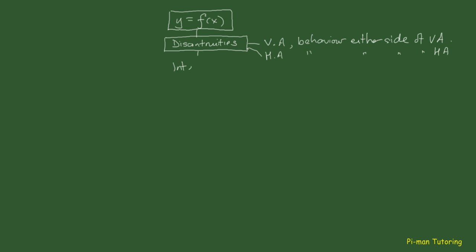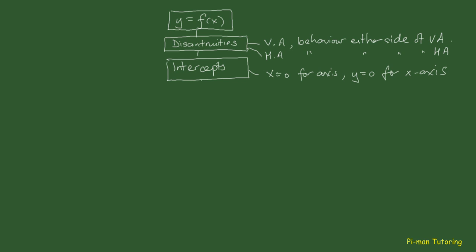Intercepts, and this is where we feed in x equals 0 for the y-axis and y equals 0 for the x-axis. So that's all the basic stuff that we've done before.